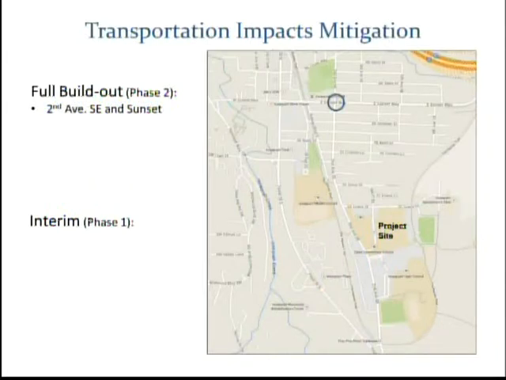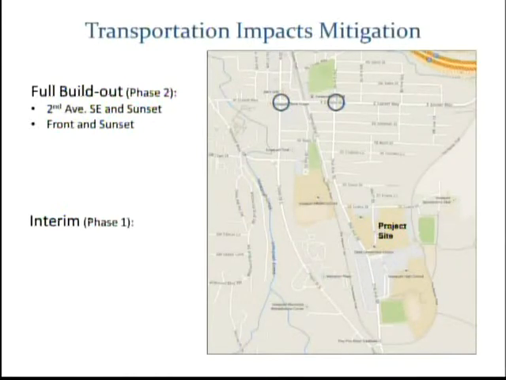One of the first impacts that came to light was the impact at the intersection of Sunset and 2nd Avenue. At this intersection, it was identified that there would be a need for a traffic signal. The next intersection was the intersection of Front and Sunset. That intersection had an increased delay associated with the reconfiguration and shifting traffic patterns from the school district in the full build-out condition.